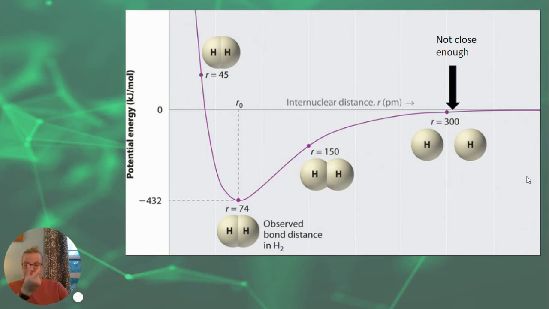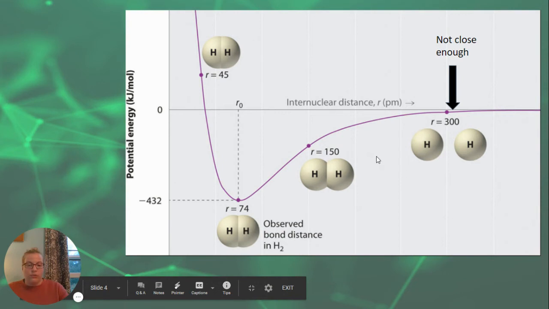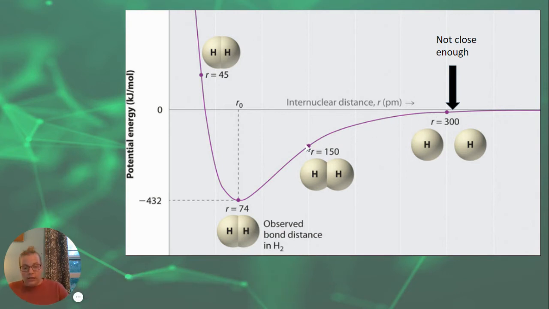If I cut the distance between those two nuclei in half to 150 picometers, my potential energy has dropped, because the protons in this guy are attracted to the electron in this guy, and vice versa. So there's starting to be that benefit of them getting closer together.